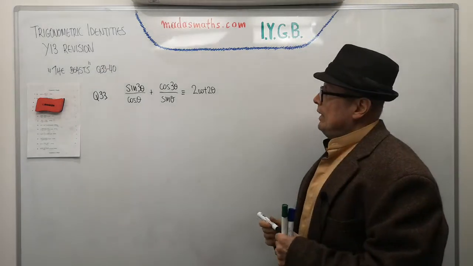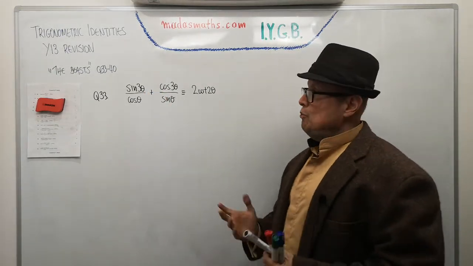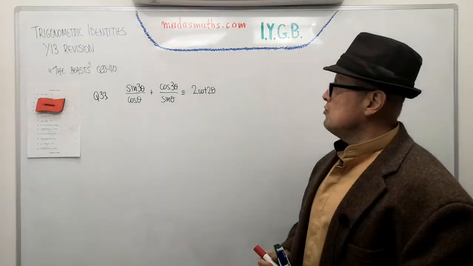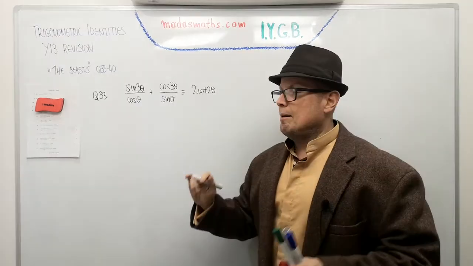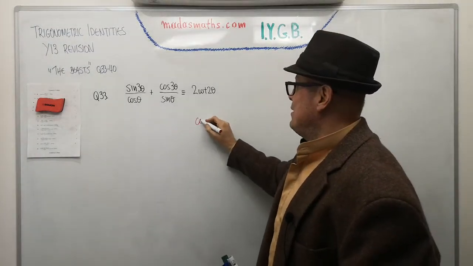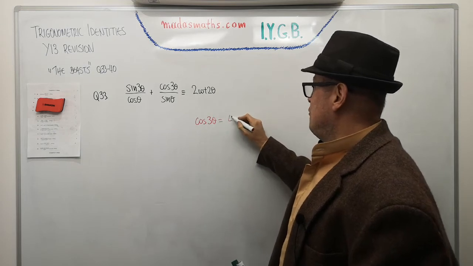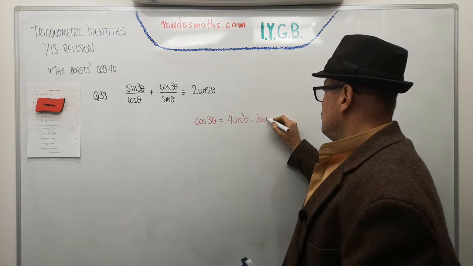How do we deal with the sine of 3 theta and the cos of 3 theta? The other day we did find identities, for example, the cos of 3 theta. You shouldn't know it, of course, but you can actually prove that the cos of 3 theta is the same as 4 cos cubed theta minus 3 times the cos of theta.